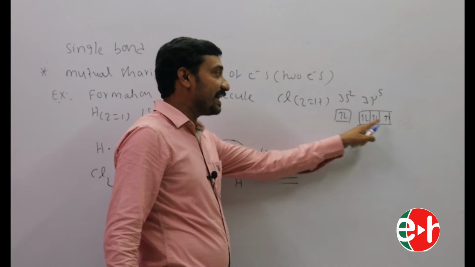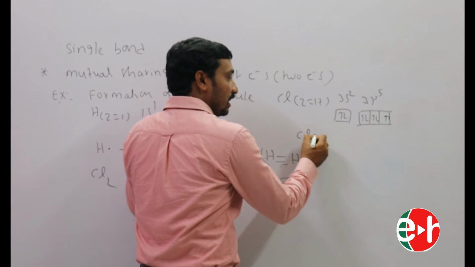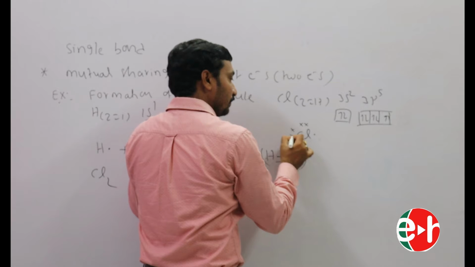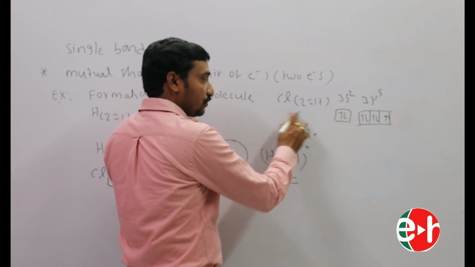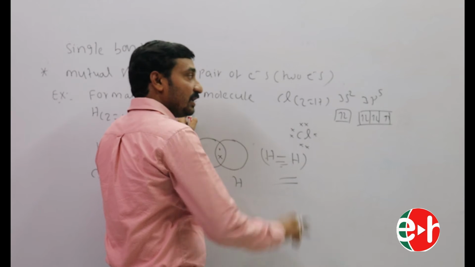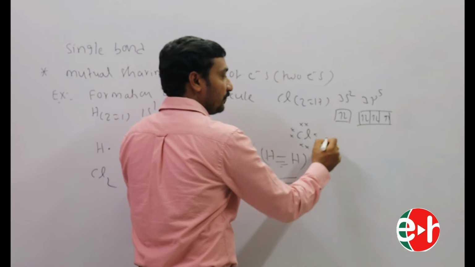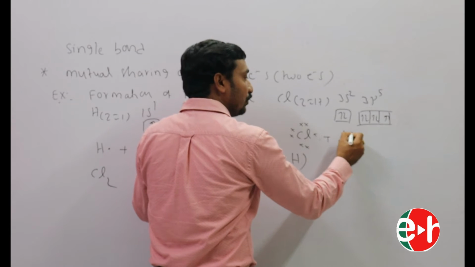In the valence shell it has one unpaired electron and also three lone pairs. So total 7 valence electrons: 3 lone pairs of electrons and 1 unpaired electron. Another chlorine atom also contains 1 unpaired electron and 3 lone pairs.